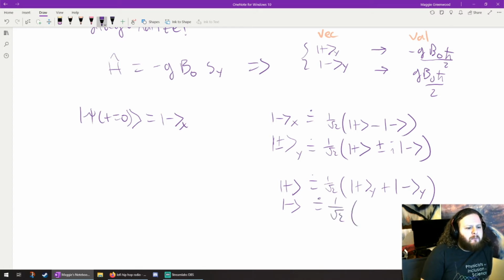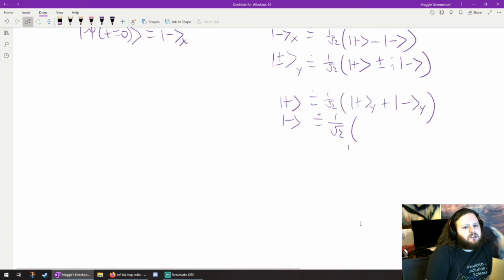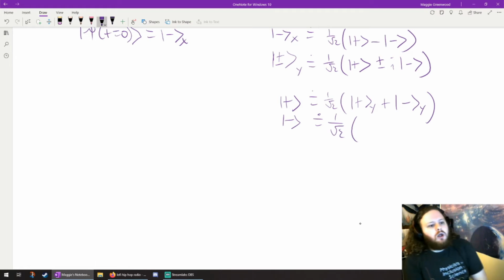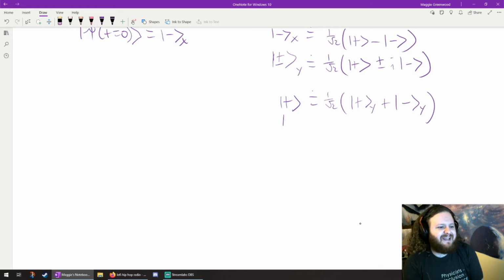So now I need to figure out minus z written as a combination of plus y and minus y. And the way that I'm going to do that is by winging it. So if I did plus y minus minus y, I'm going to pick up a 2. I'll write it. I won't try and do it by sight.